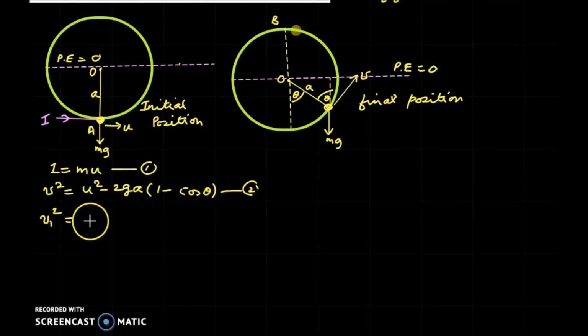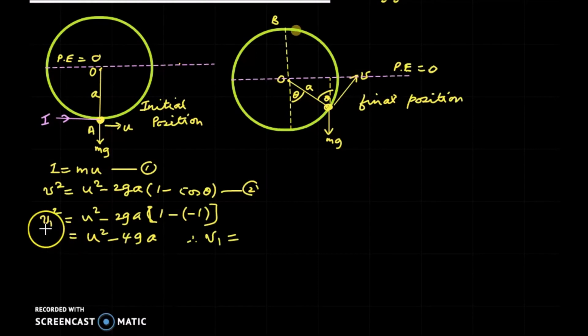Then we get v1 squared equals u squared minus 2ga times 1 minus cos theta, and when theta equals 180, cos theta is minus 1. Then we get v1 squared equals u squared minus 4ga. So v1 equals square root of u squared minus 4ga.